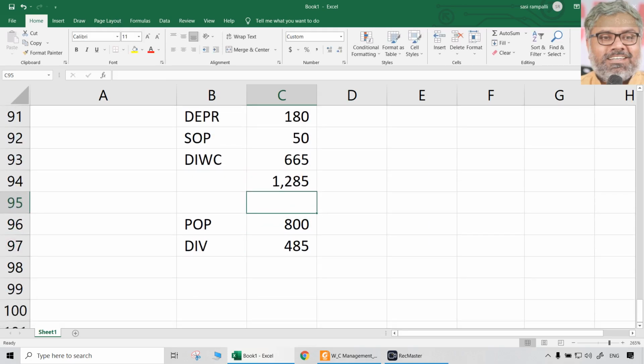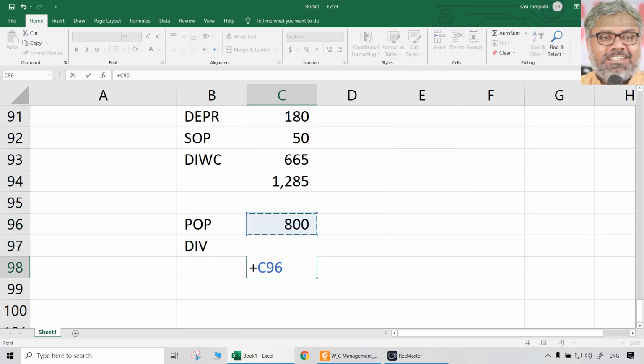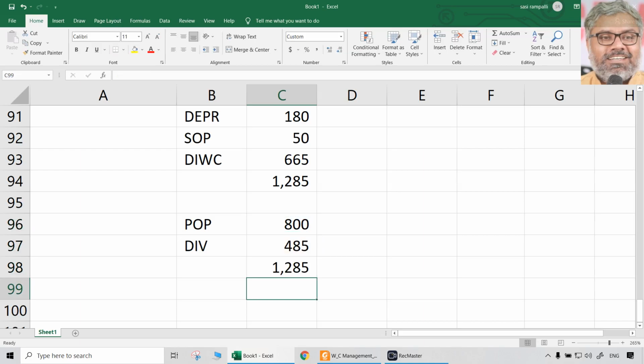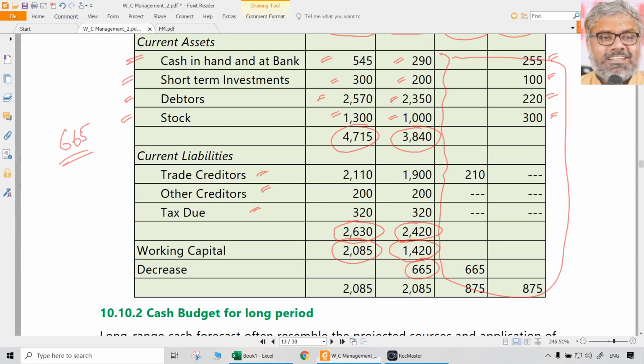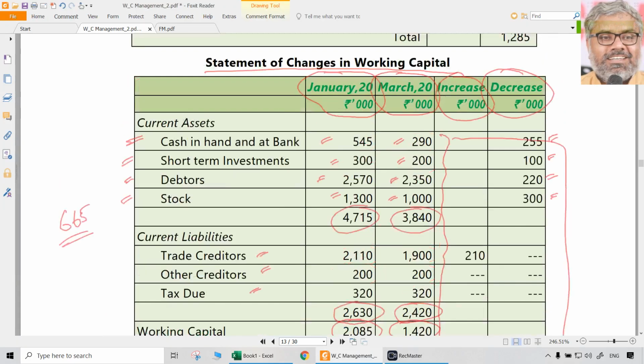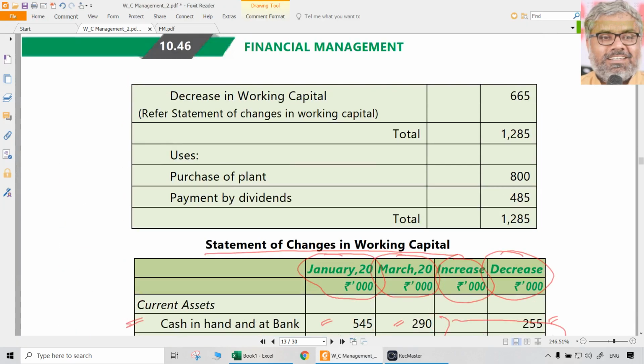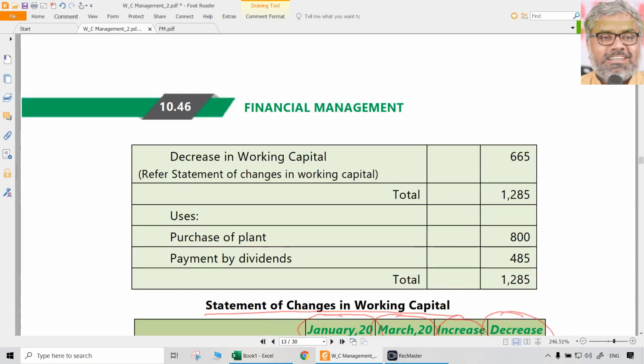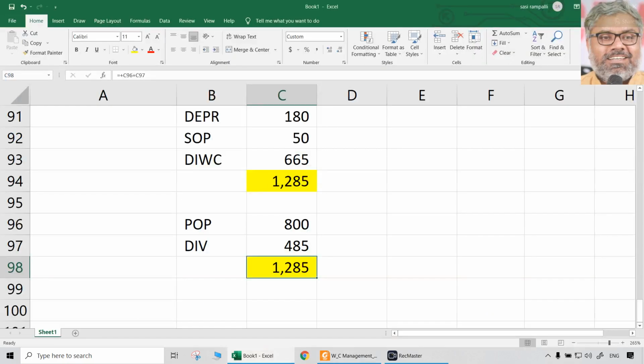These are all sources. And application of funds is 1285. Exactly, naturally, that should match. Sources and applications should match. Like a cash flow statement, where the ending balances of cash and all will match. Here, the total of sources and applications also will match. That is 1285. That's all.